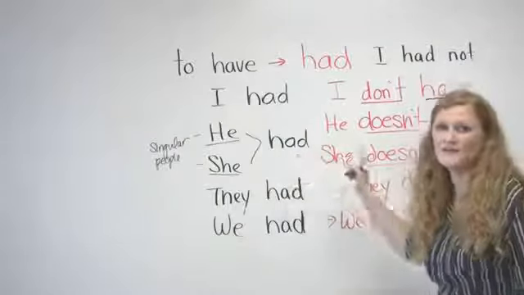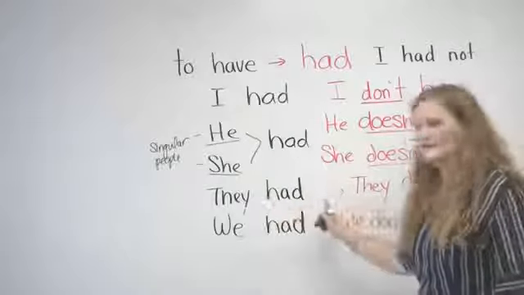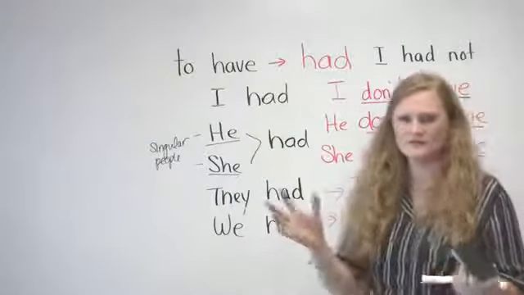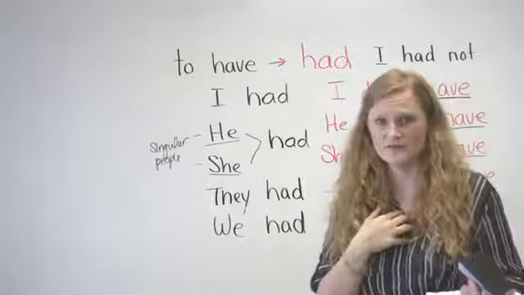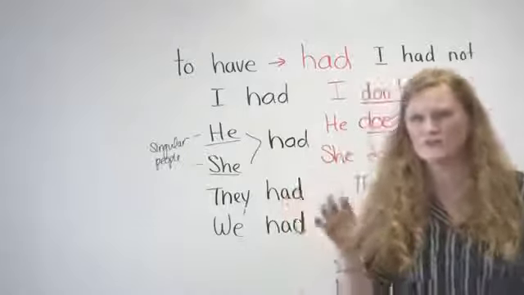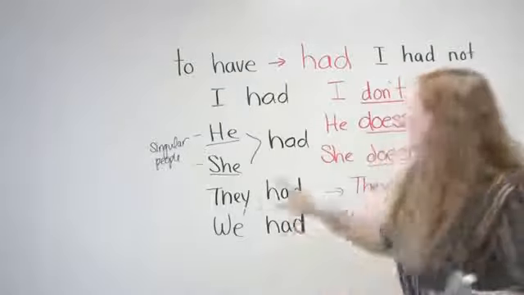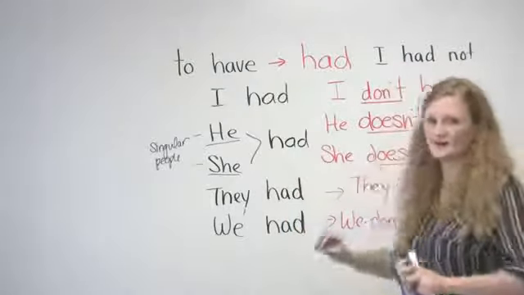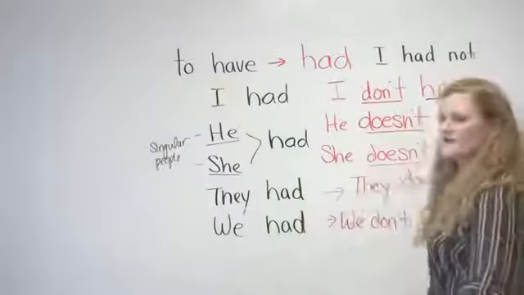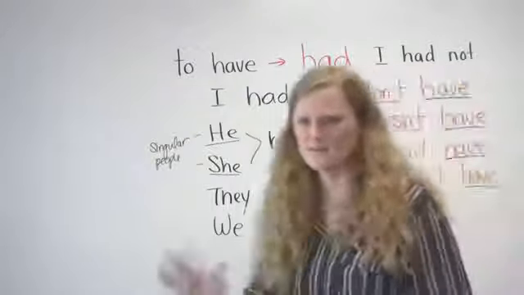She had not. They had not. We had not. But this is very unnatural for people from Canada and America, and modern day English. We just don't use I had not. It's very Shakespearean. If you're into Shakespeare, you know this. I had not eaten that, which is kind of weird.